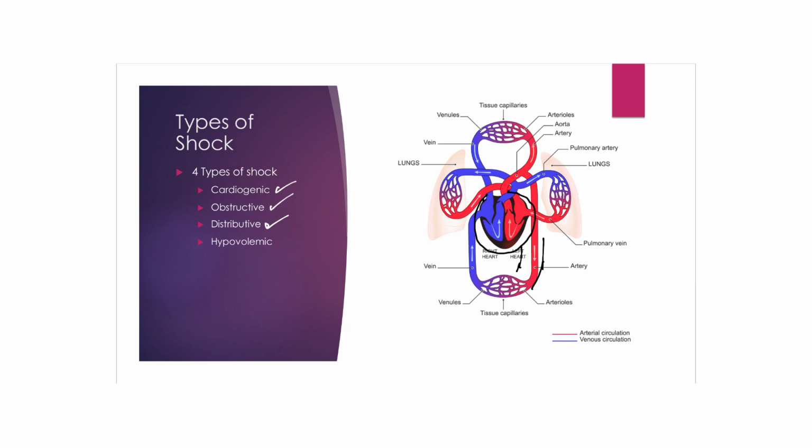And the types of distributive shock are going to be sepsis, so septic shock, anaphylaxis, anaphylactic shock, and then neurogenic shock. Okay, and those are the three types of distributive shock. So with septic shock, you have a systemic inflammation.